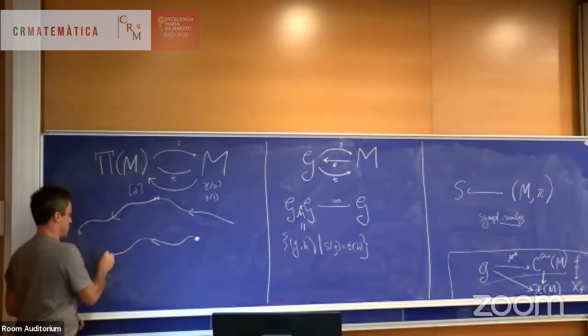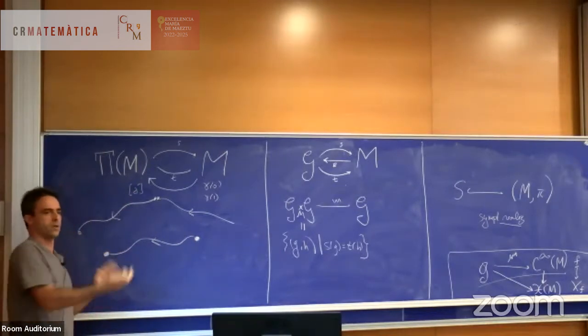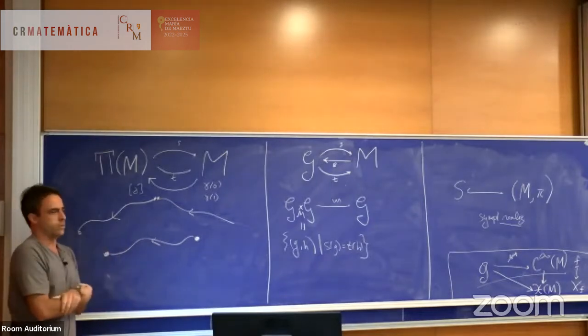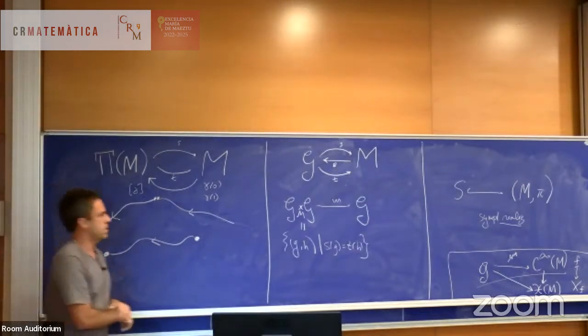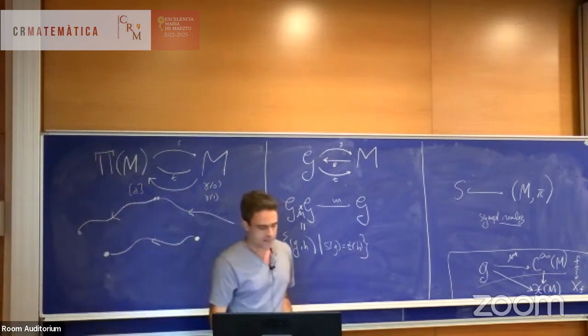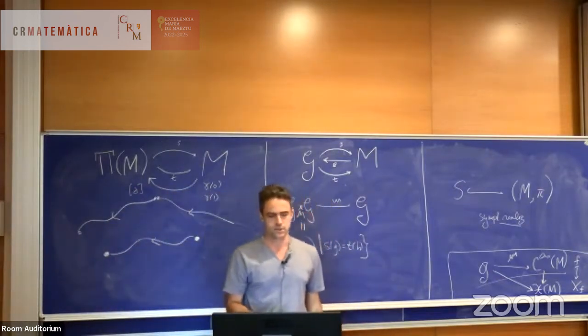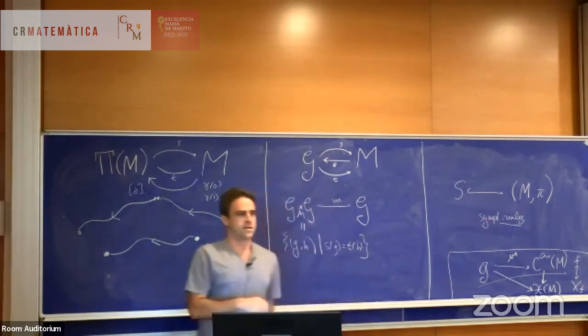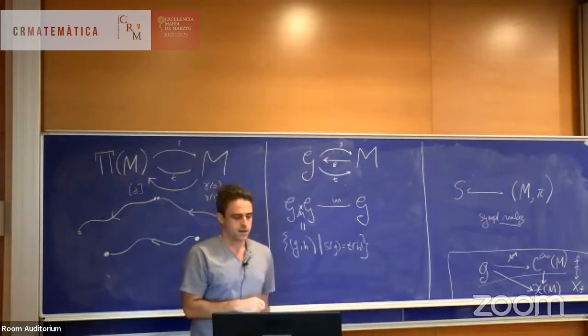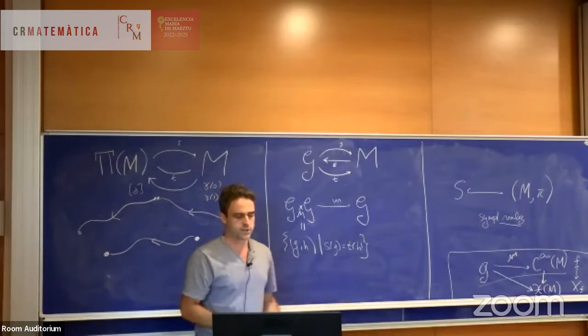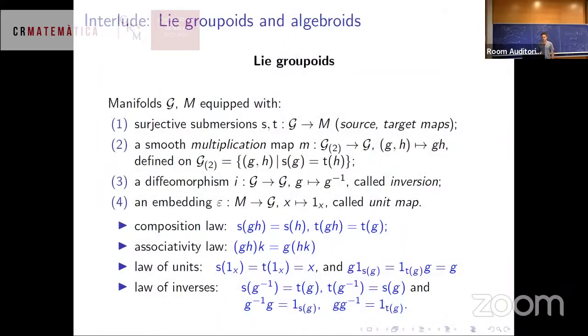Or if you compose it with this path that doesn't go anywhere on the other side, you get the same thing. So that's pretty much all you need to know. This is the definition, okay? You have an inversion as well, but let's not worry about all this. And usually people repeat this mantra that a groupoid is a small category where all the morphisms are invertible. I could have said that too, but I don't know if that's too helpful at this point.